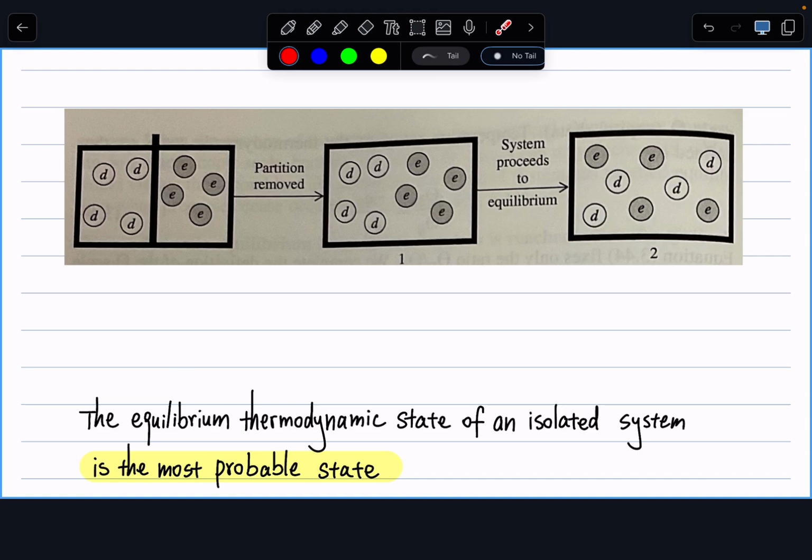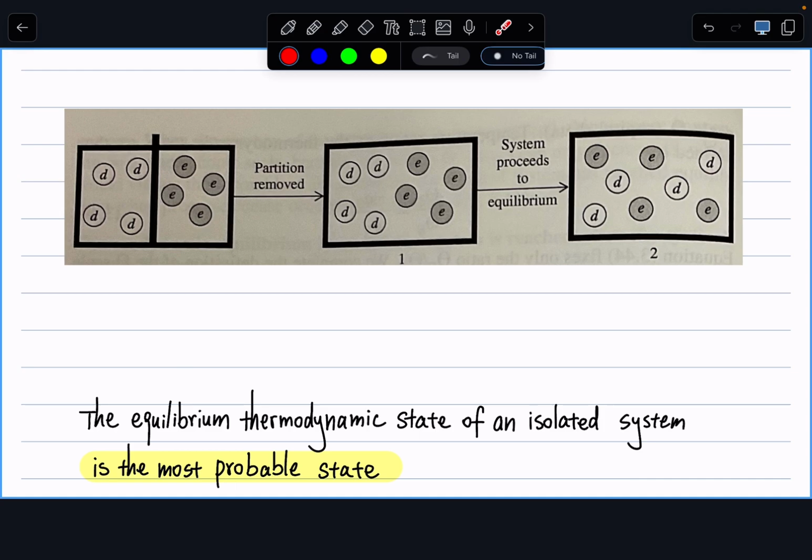So in our previous derivation, we found that delta S of mixing of two different gas molecules, say D and E, equals minus N_D R ln of the mole fraction of molecule D, minus N_E R ln of the mole fraction of molecule E. So that's our calculation from the laws of thermodynamics.